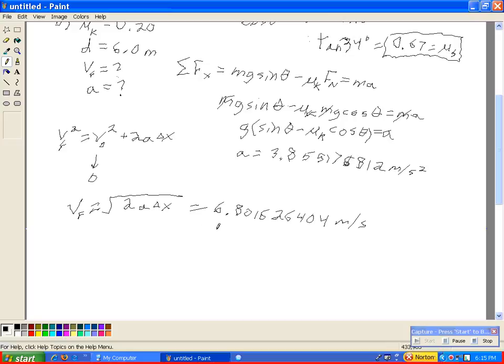And keeping it in significant figures, that's 6.8 meters per second. Okay, final velocity. Okay. Concludes that part of the problem.